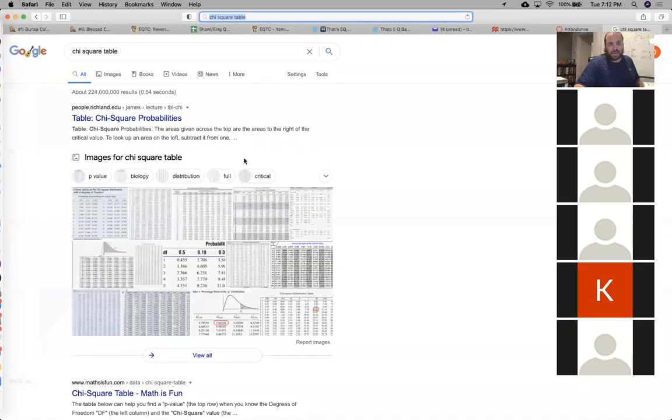Well, we have to look up a chi-square table. Now, I'll share my screen here for a second, and let me load up a chi-square table. Okay, we've had Z tables, we've had T tables, and now we have a chi-square table.